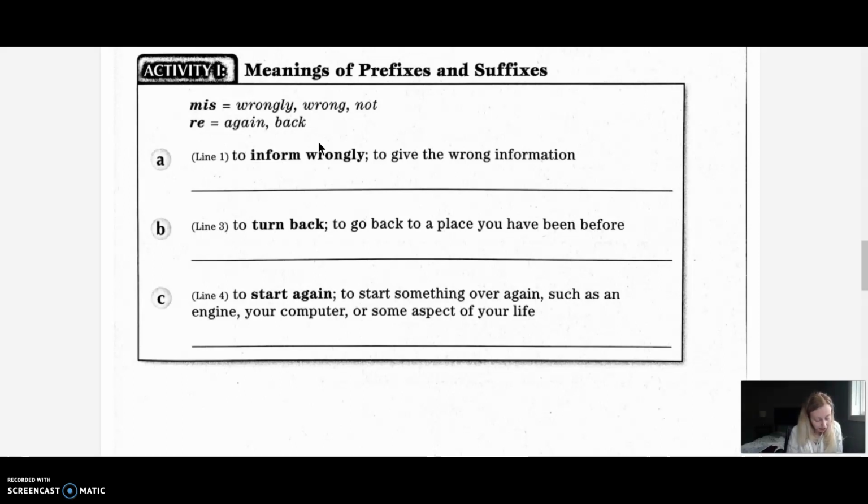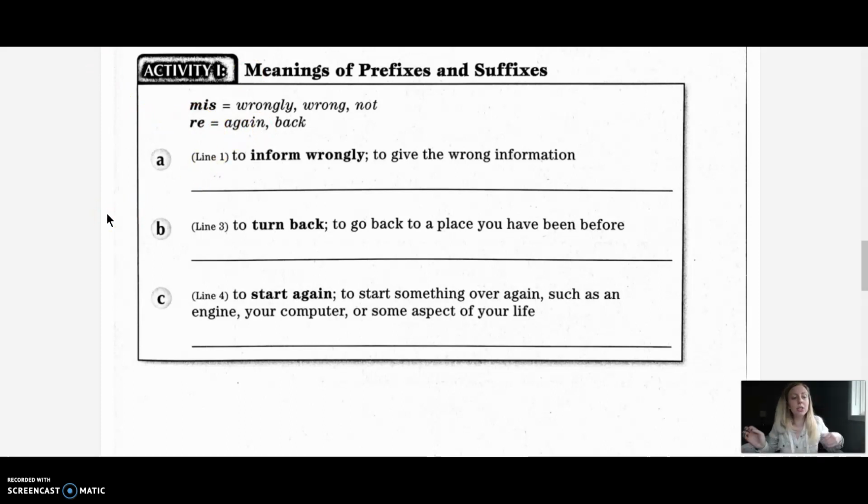So if Raya re-injured her leg, what could you guess about what Raya did? Right, she injured her leg again. So re-injured means to injure again. Remember, re is again. Awesome.